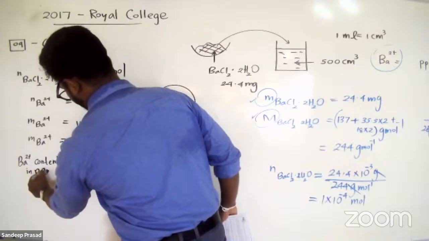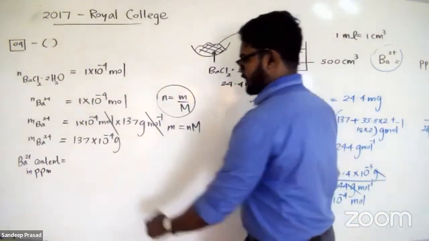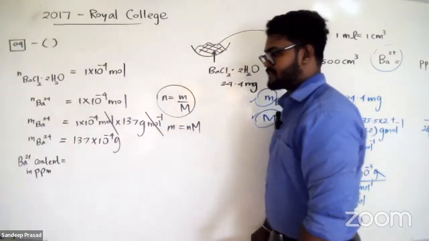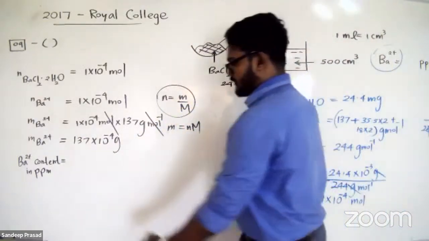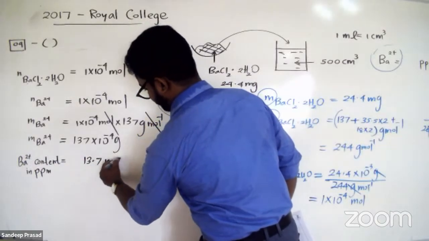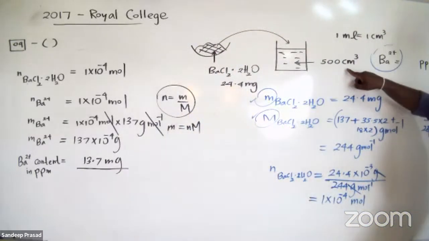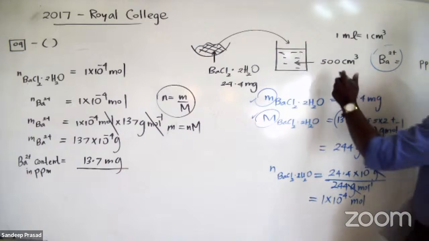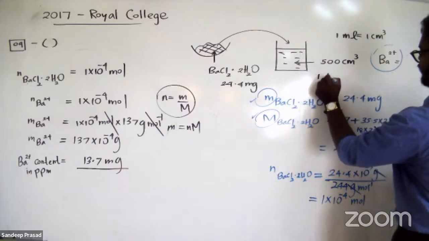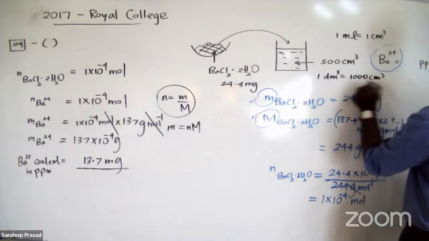in ppm. I told you that 1 ppm is equal to 1 milligram per cubic decimeter. How do you convert this to milligrams? 10 to the power minus 3 grams is milligrams. So therefore 13.7 milligrams, very easy, gram to milligram. Then what is the volume? Volume is 500 cubic centimeters. But remember, I told you that 1 cubic decimeter is equal to 1000 cubic centimeters.